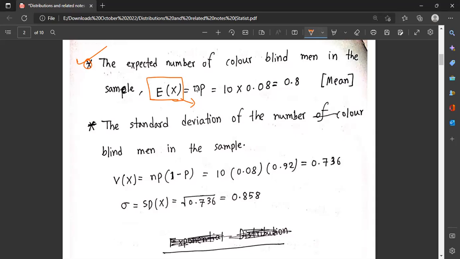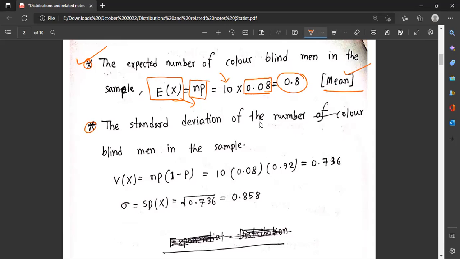So the expectation will be n times p. We have 10 people here, and the probability of being colorblind is 0.08. So if I multiply them, it will be 0.8. This is called the mean, okay? When we draw the graph, it is the mean.